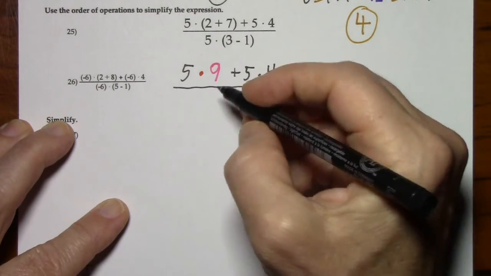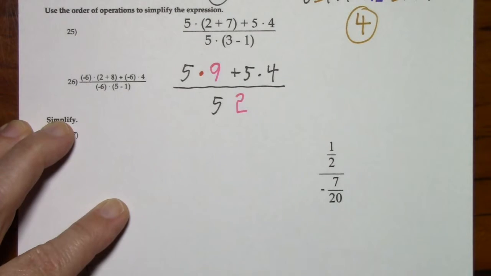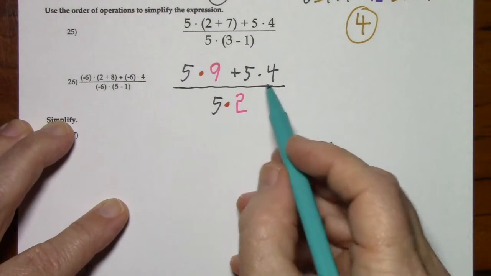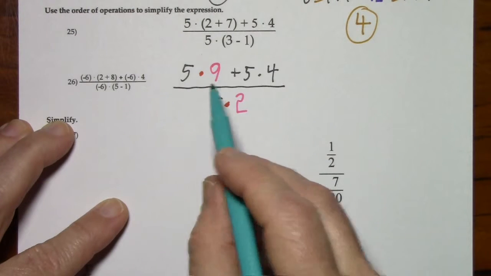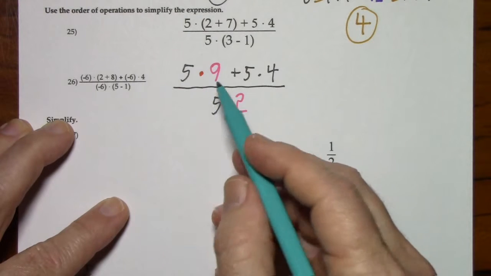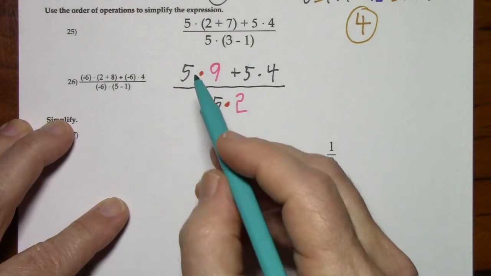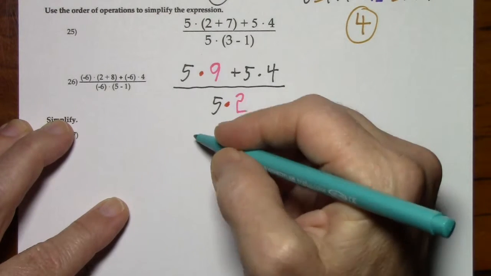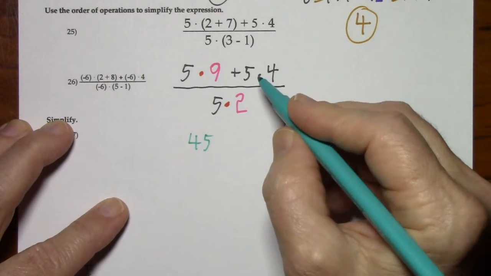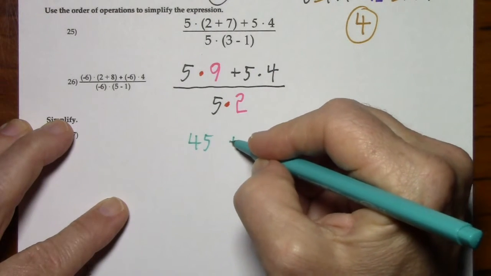And here we have 5. And preserve the operation, multiplication. In the numerator, we have multiplication here and here. You can do each one, and I'm going to run out of room, so I'm just going to do 5 times 9 gives us 45, and positive 5 times 4 gives us a positive 20.